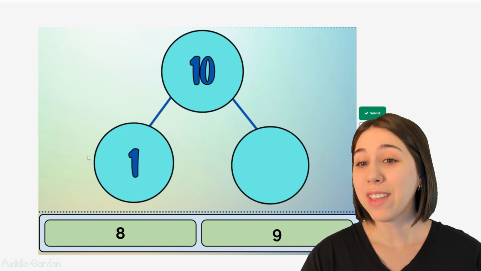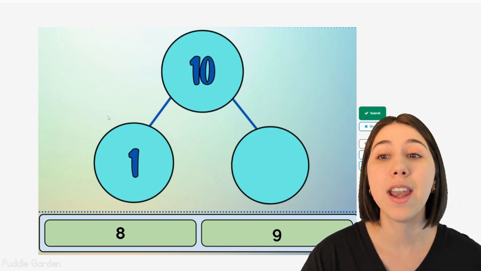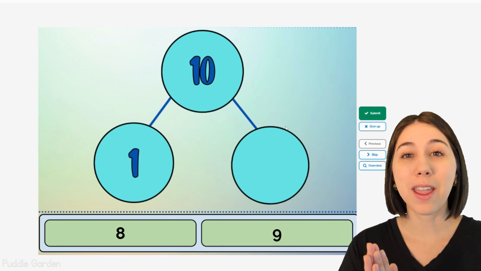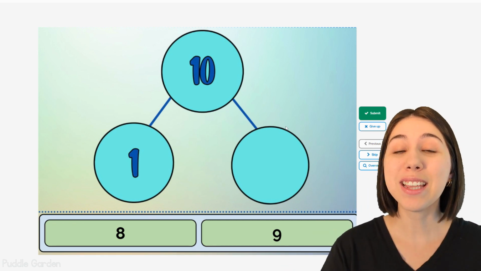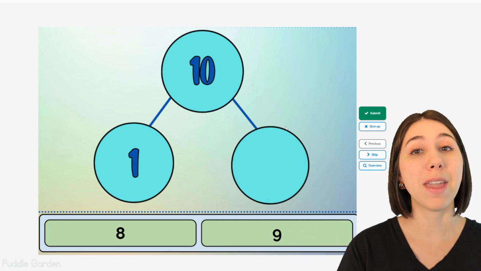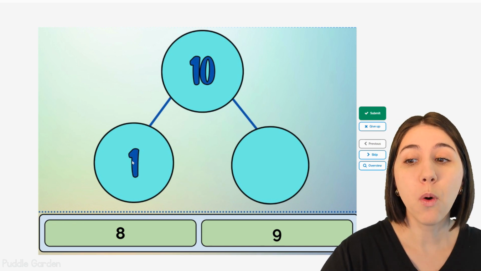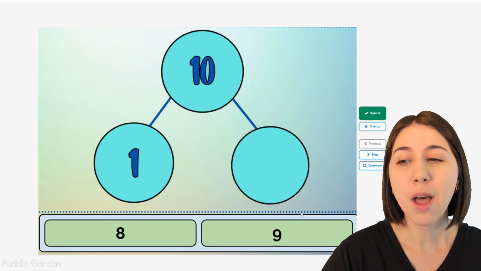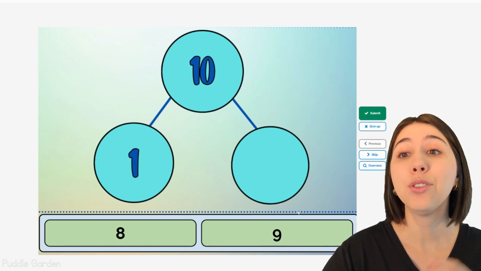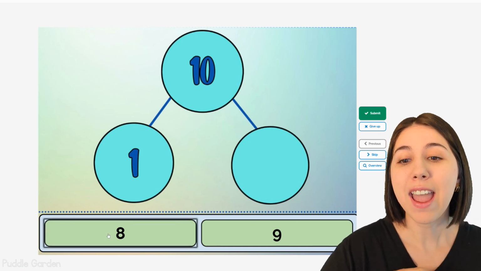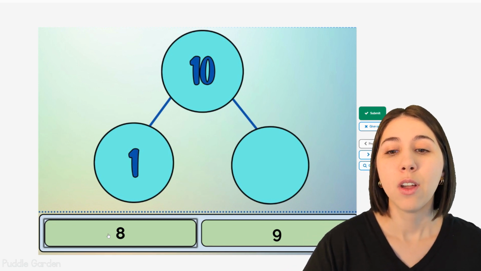So what we have here is these are our number bonds. So we've been practicing equations and tens frame. So what we want to do here is we want to find the missing number that makes 10. So just like we've been practicing. So if we have 1, how much more do we need to add to make 10? If I have 8 and I add 1, what comes after 8?